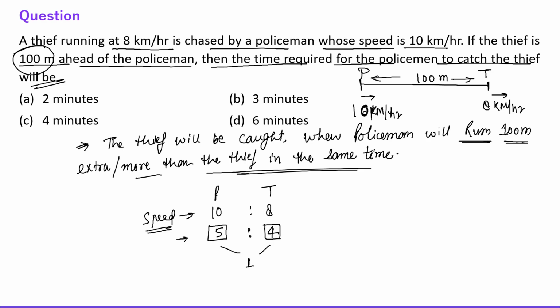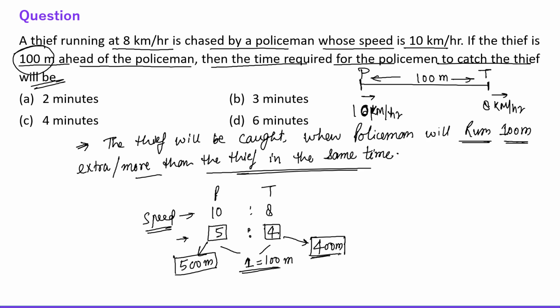Here the difference is 1, and initially they are 100 meters apart. So 1 unit is equal to 100 meters. So 5 units is equal to 5 into 100, this is 500 meters, and 4 units is equal to 4 into 100, which is 400 meters.